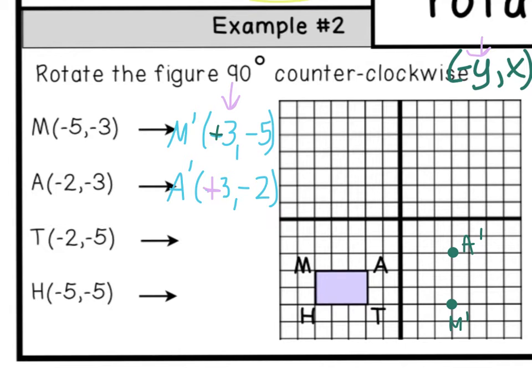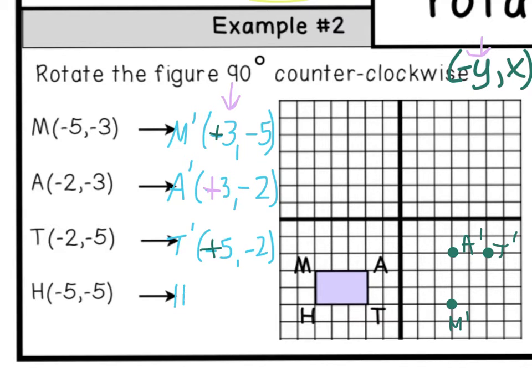Okay, let's keep going. T prime. Reverse. And the opposite. So we're going to go forward 5. 1, 2, 3, 4, 5. And down 2 to there. Okay, and that's T prime.